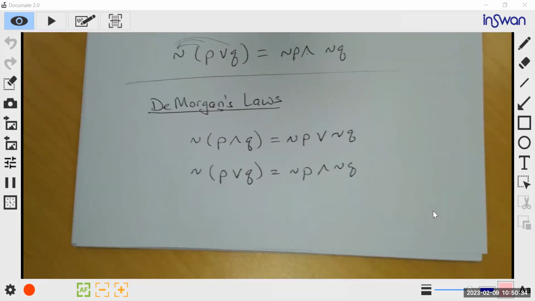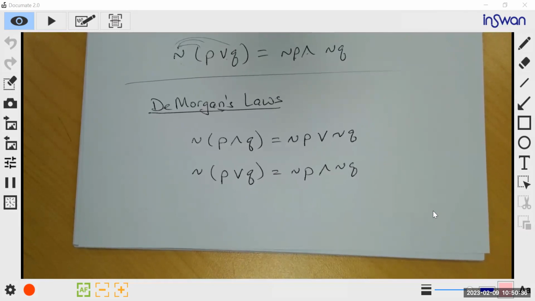Those are called De Morgan's laws. We actually did those last chapter.